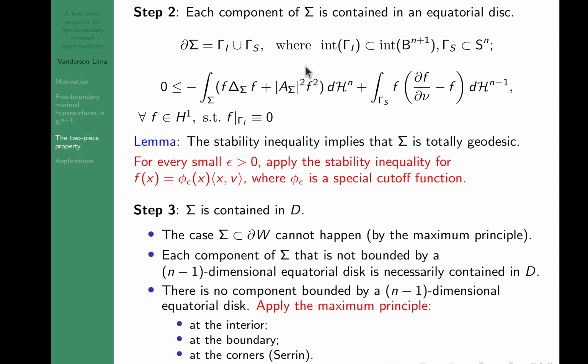I do the minimization problem inside my region, and I use steps 2 and 3 to prove that the hypersurface is actually containing an equatorial disk, and obtain a contradiction using the maximum principle.